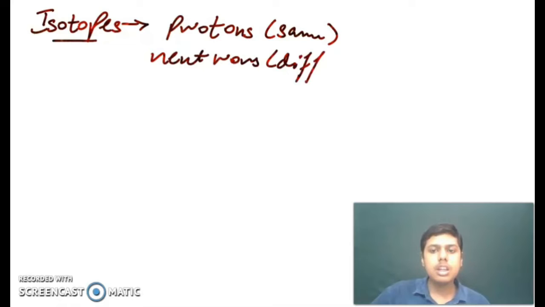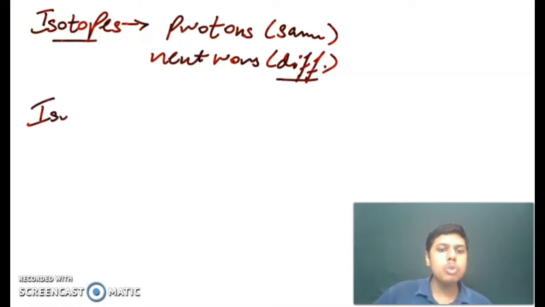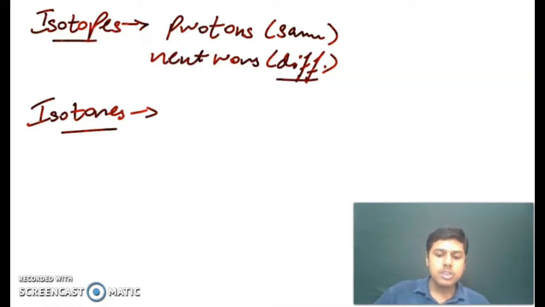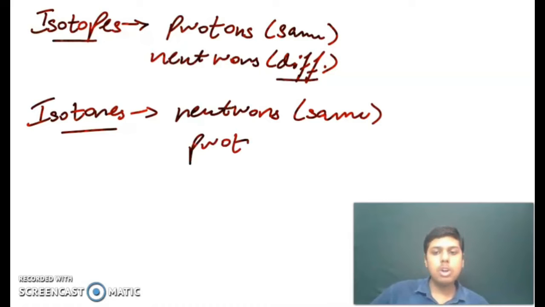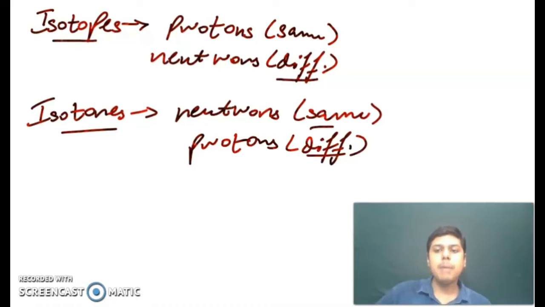That means in case of isotopes, the protons will be same but the neutrons will be different. Now coming to isotones. Isotones are the nuclei having same number of neutrons. That means in case of isotones, the neutrons are same in number, while the protons are different in number, just opposite to that of isotopes.